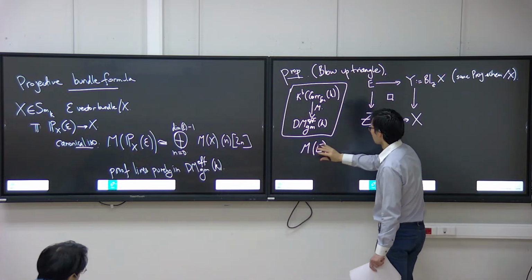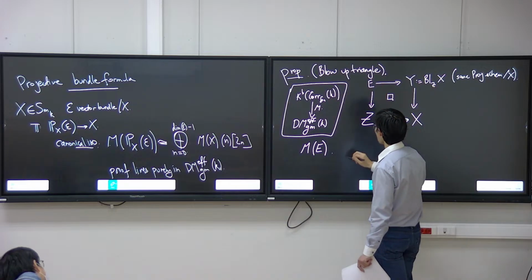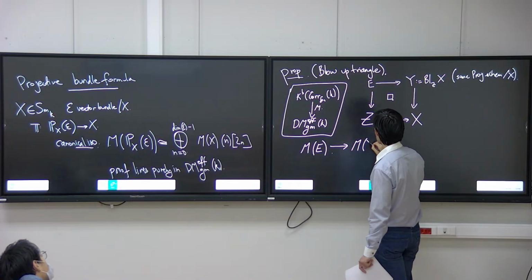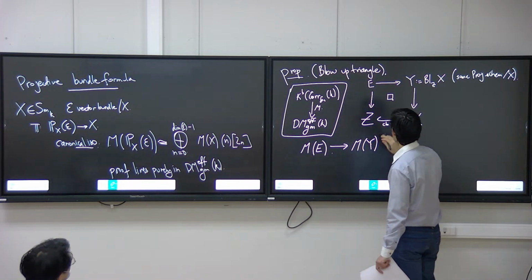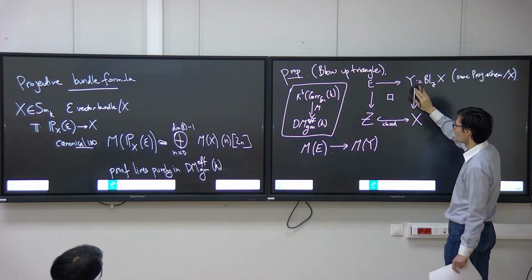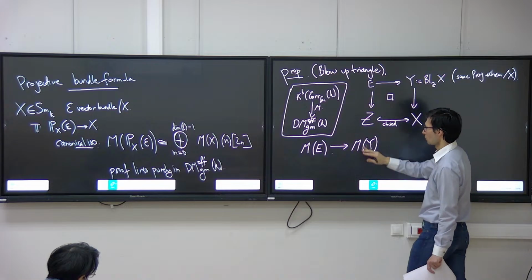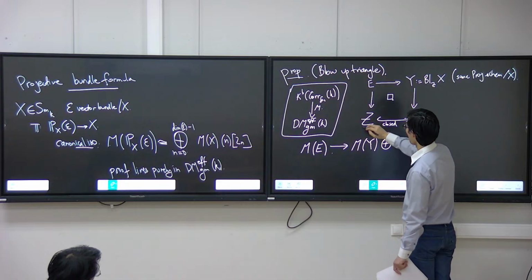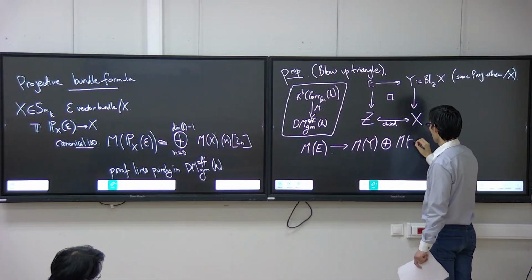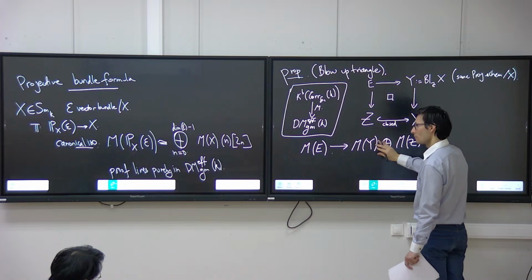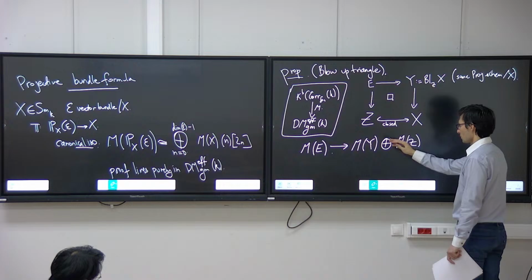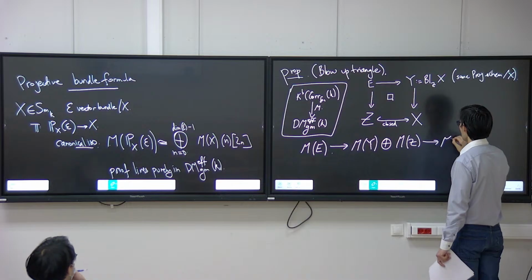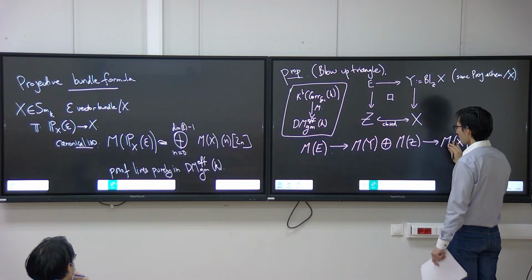So the motive associated to E, which is a smooth separated scheme here, maps to the motive M of Y. The map E to Y induces a map from M of E to M of Y, because this is a functor. And also a map to M of Z. So I can consider in particular the direct sum, because direct sums exist in this category. And this goes to M of X. The map here though is the difference.